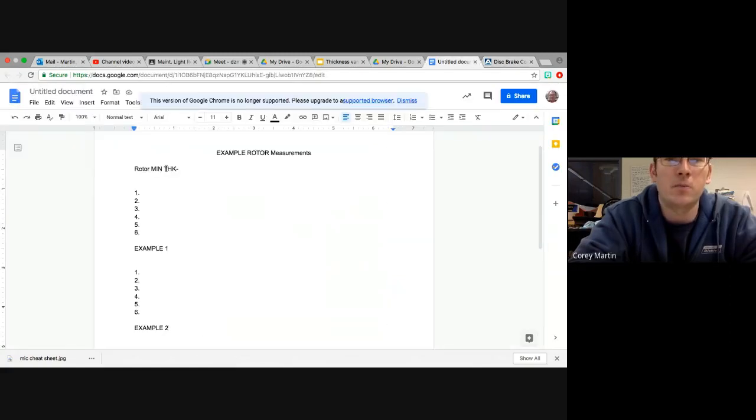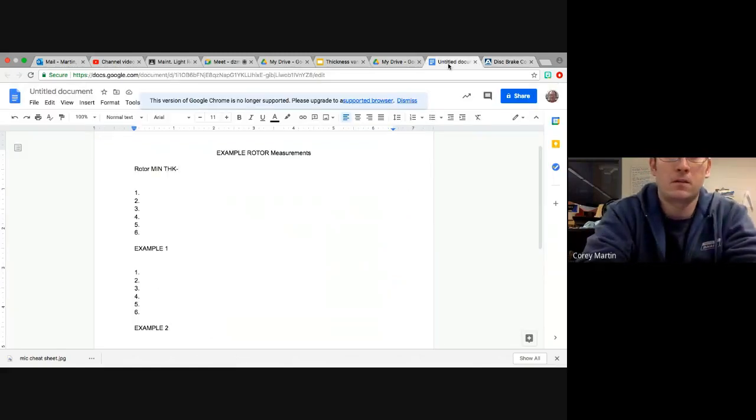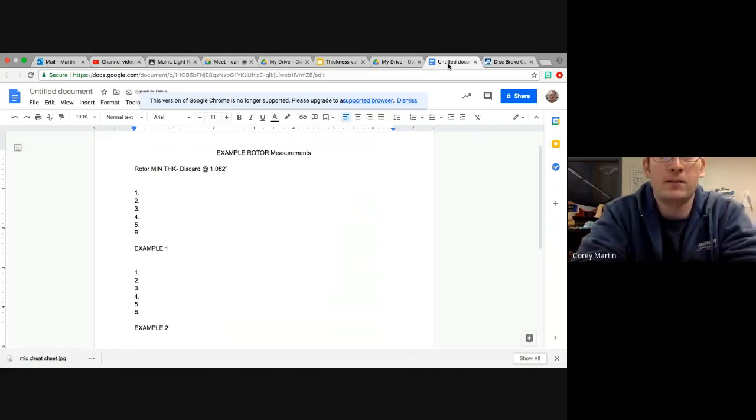The rotor's minimum thickness, in our case, we look here, the discard thickness, that's going to be your minimum thickness, is 1.082 inches. I'll put discard at 1.082 inches. So anything thinner than that, throw it away.